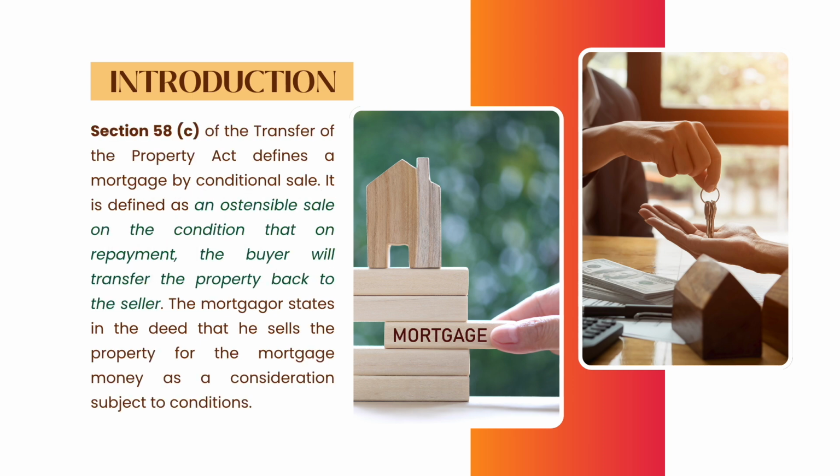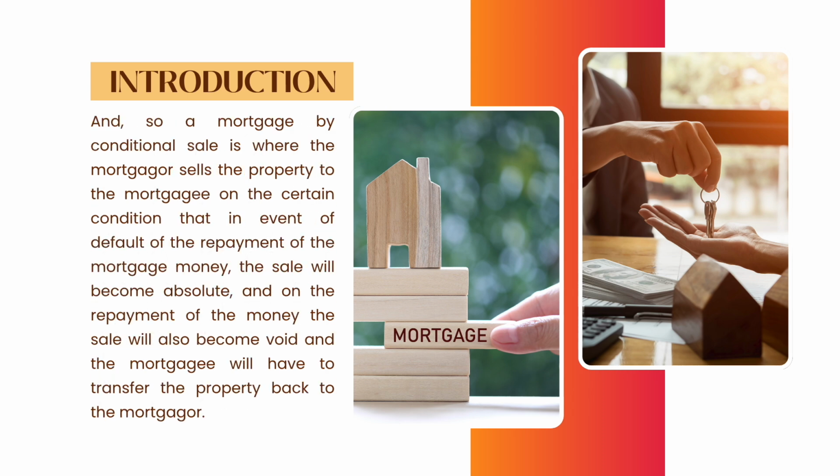Section 58C of the Transfer of Property Act 1882 defines a mortgage by conditional sale. It is defined as an ostensible sale on the condition that on repayment the buyer will transfer the property back to the seller. The mortgagor states in the deed that he sells the property for the mortgage money as a consideration subject to conditions.